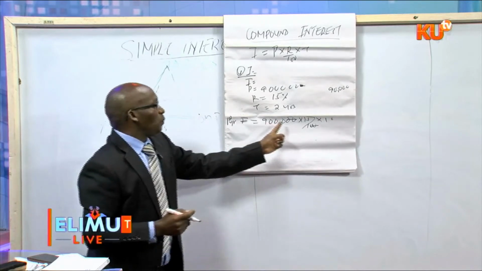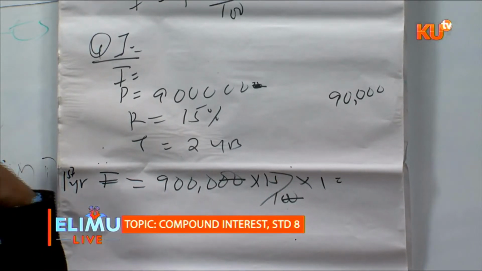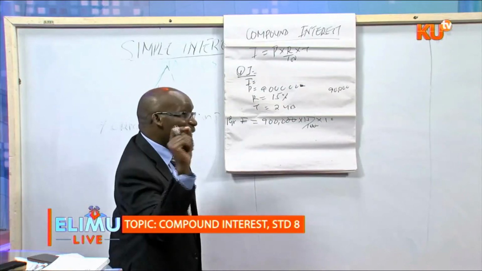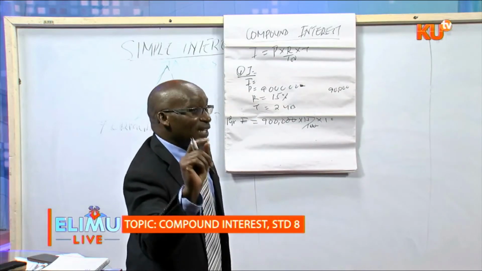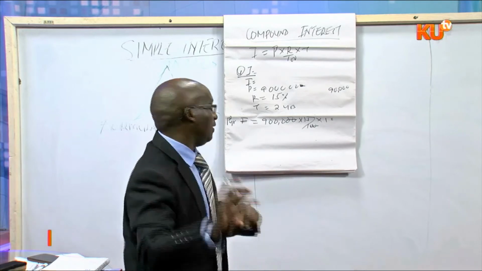Multiplying 9,000 by 5 is like multiplying 9,000 times 10 divided by 2, because 5 again is half of 10.